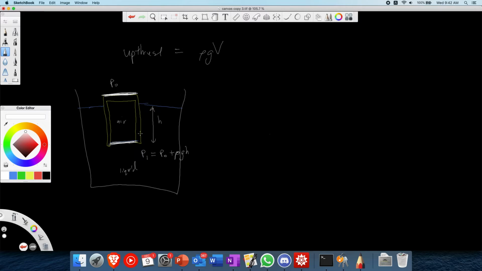So if you have the same area, the pressure acting on number one, the solid-liquid interface here, and number two, the air here.